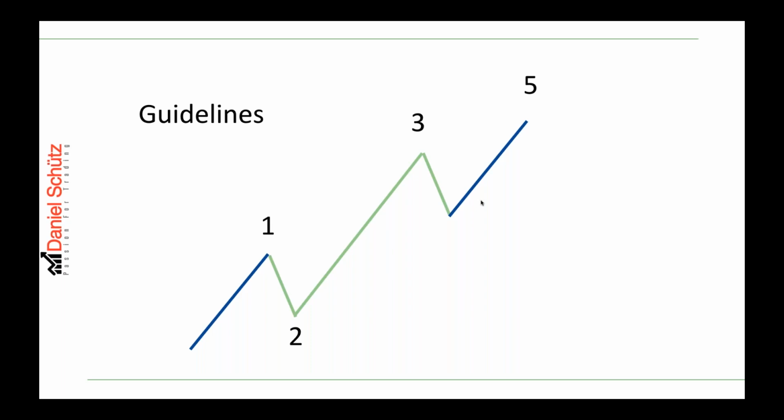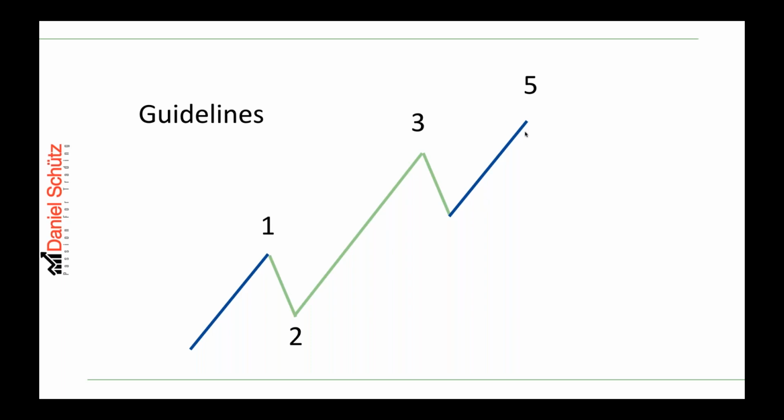Another guideline is wave 1 and wave 5 tend to be the same length. Not at all times, not perfectly. Don't forget, it's no science. But they say typically they are the same size. That's what they say.